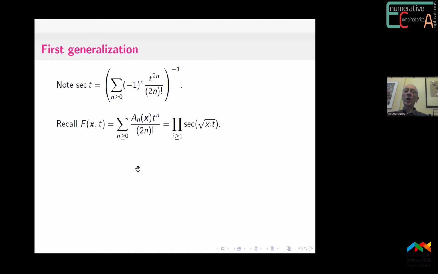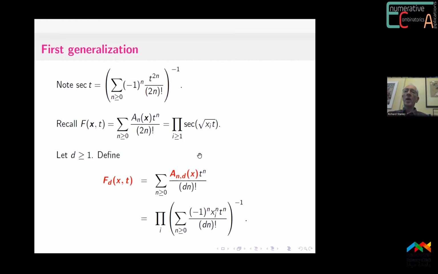Now remember, my generating function F of xt for these AN of x's was this product of secants. So in my first generalization, I replace this 2 by any positive integer d. So I'll call that A_n^d of x. So A_n^2 of x is A_n of x. And by definition, this generating function is equal to this expansion.